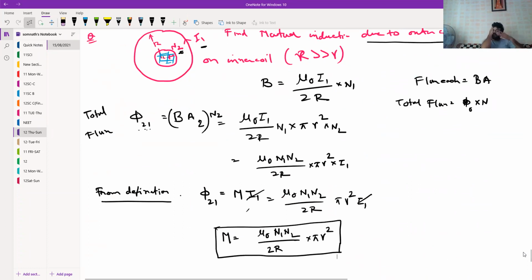The current is in the outer coil and the magnetic field in the inner coil. For outer coil on inner coil, or for inner coil on outer coil, the value is exactly the same. Only if they ask for the inner coil on the outer coil, then this I becomes I2, which later cancels out. The rest of the value is exactly the same. Okay.